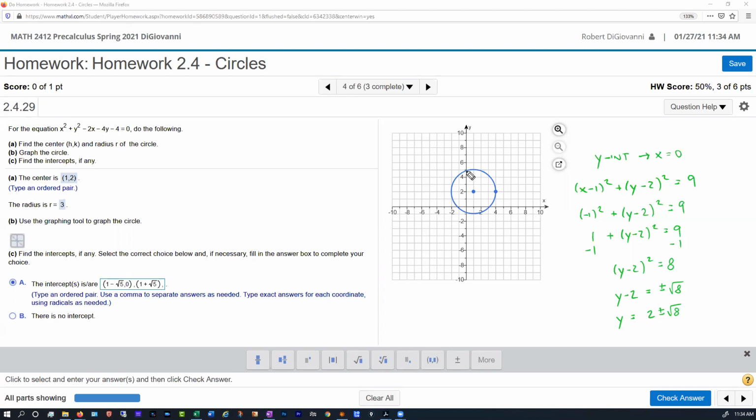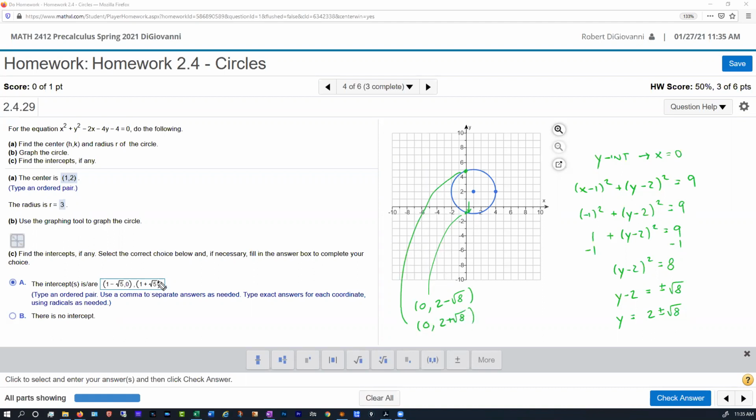All right, so these written as points, you have to be careful here. This one, the x coordinate is 0 because it's a y-intercept, and then it'll be 2 minus root 8, because 2 take away root 8 is going to be a negative number, and it's down, right? The y coordinate is down. And then the other one is 0 and then 2 plus root 8.